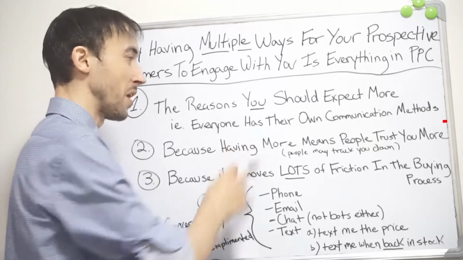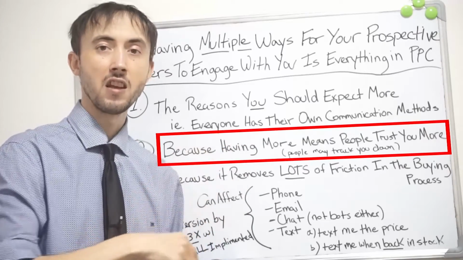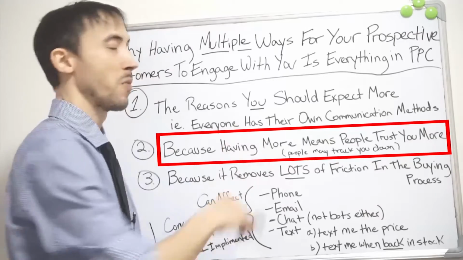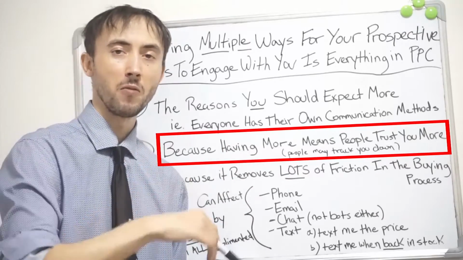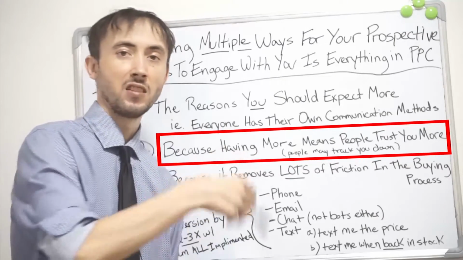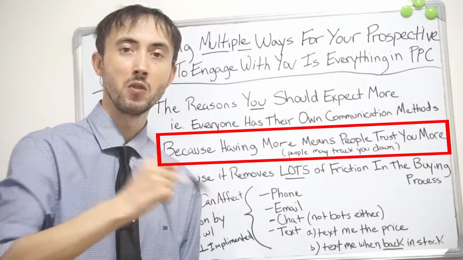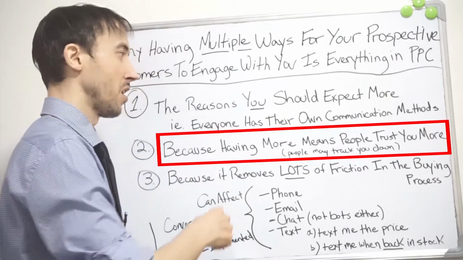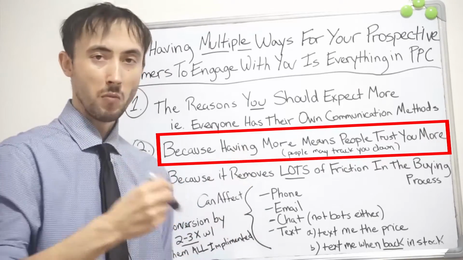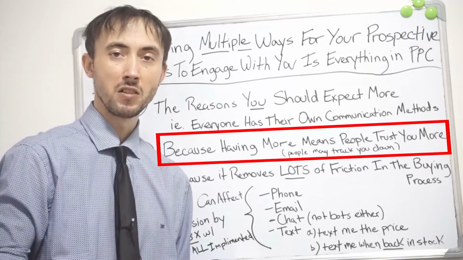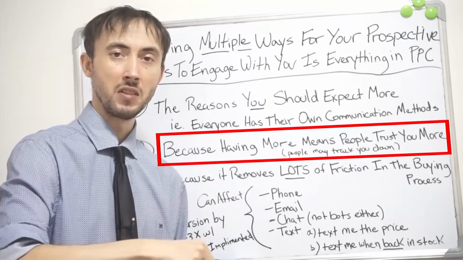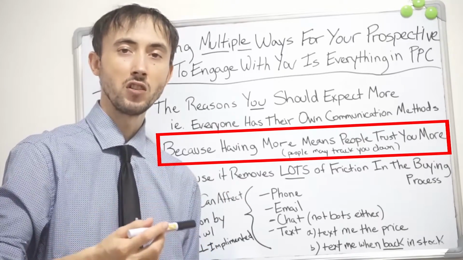The first one that's big, in addition to everybody having a different communication method, is that if they have a question that's necessary to make a purchase from you, they just won't do it because it's an inconvenience to them or they don't feel comfortable with it. The more communication methods you have on your site for people that are coming from your PPC campaigns, the more they're going to trust you.